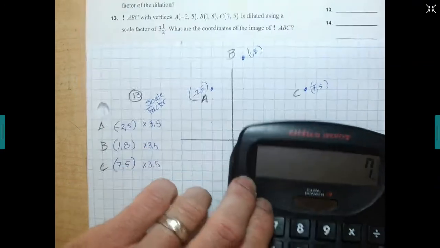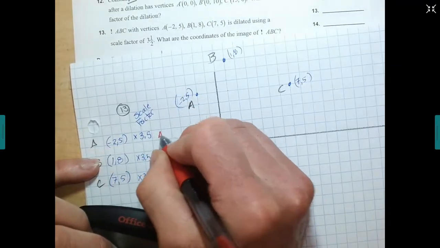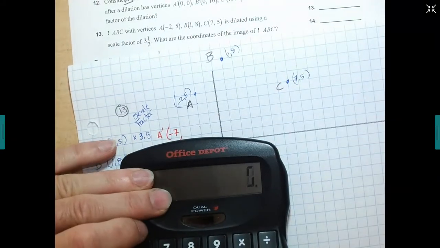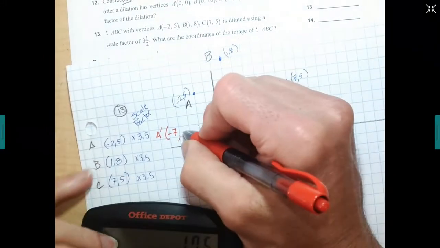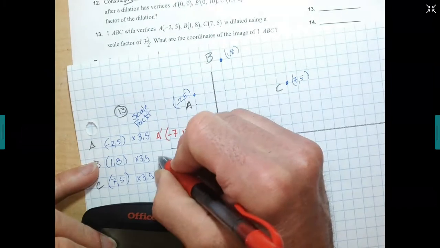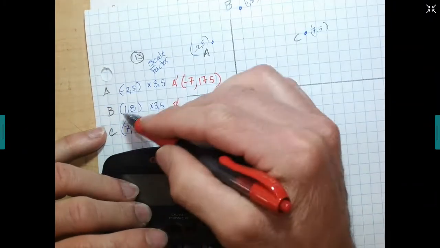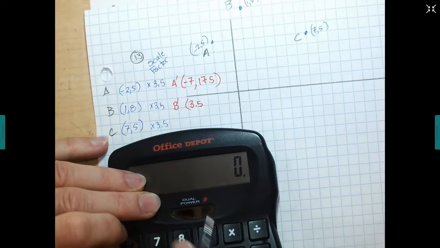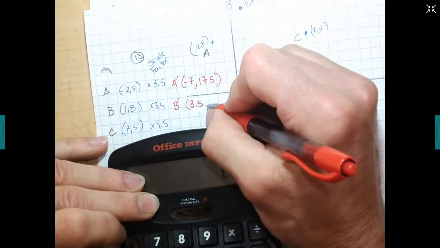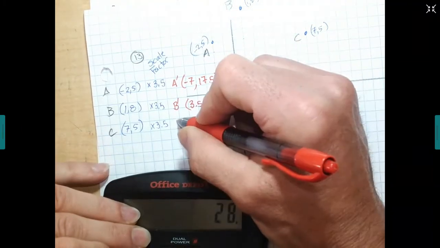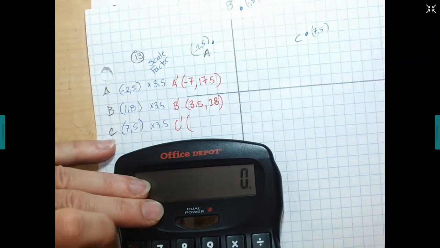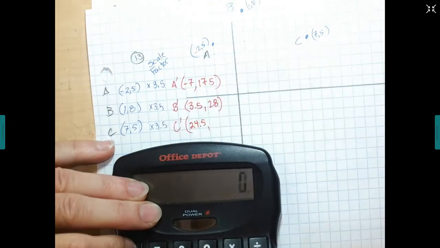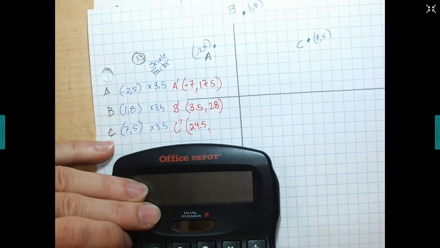It didn't show up as negative, but that's -7. So I have A prime is -7, and then 5 times 3.5 is 17.5. B prime, 1 times 3.5 is 3.5. 8 times 3.5 is 28. And then C prime, 7 times 3.5 and then 5 times 3.5.